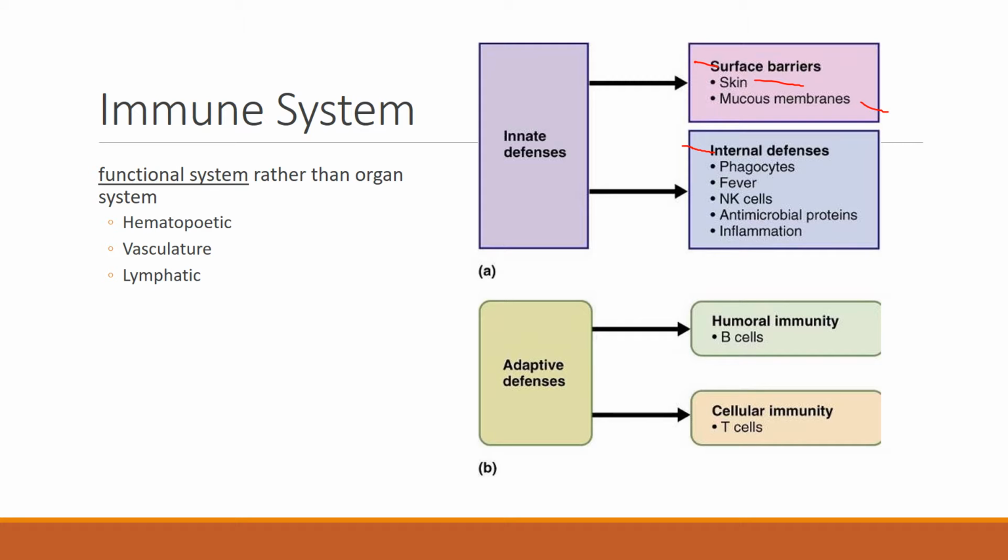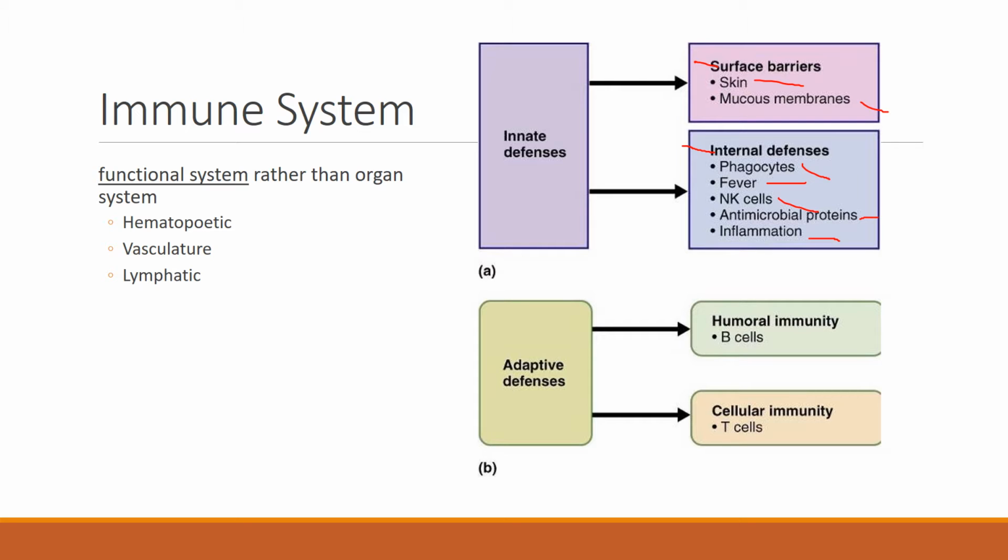We also have specialized cells such as phagocytes and natural killer cells that help with getting rid of unwanted materials in our body. But also we have responses like the fever, which is important in combating different types of foreign molecules. We also have antimicrobial proteins that we're born with, and also inflammation, which is actually an important response for homeostasis.